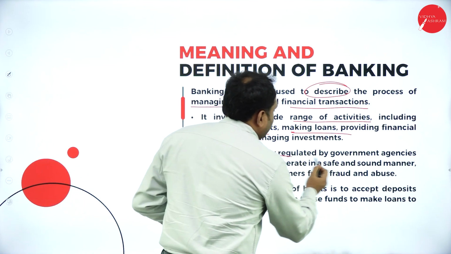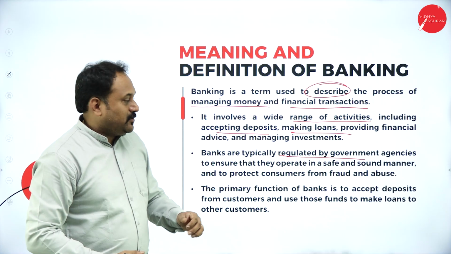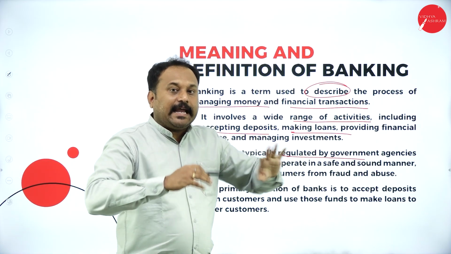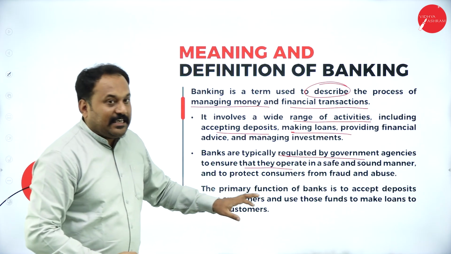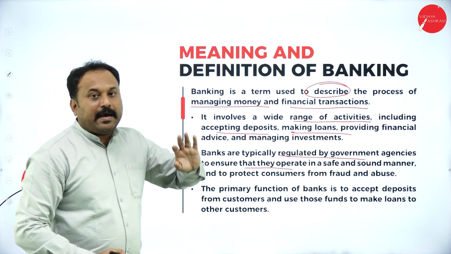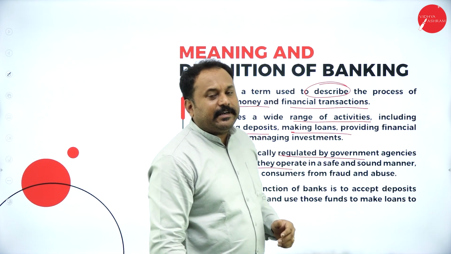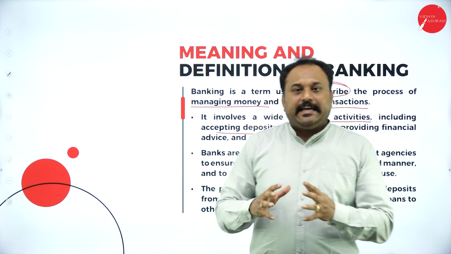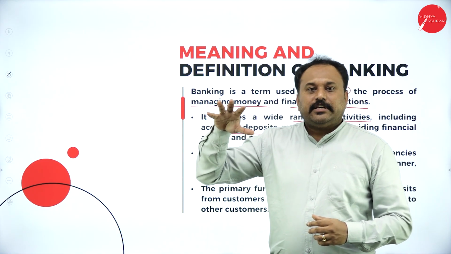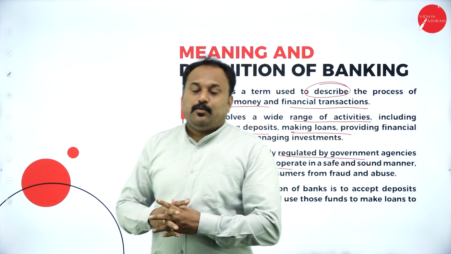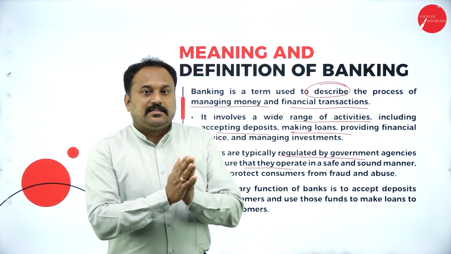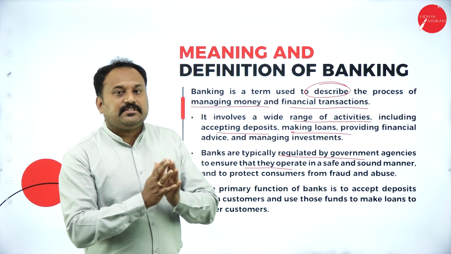Banks are typically regulated by government agencies. When I say government agency, I'll tell you what exactly those agencies are, to ensure that banks operate in a safe and sound manner. See, anybody can cheat anybody, right? So there should be a regulator. Who's the regulator for all the banks? That is the RBI. Whatever the RBI tells the banks, they need to do the same.